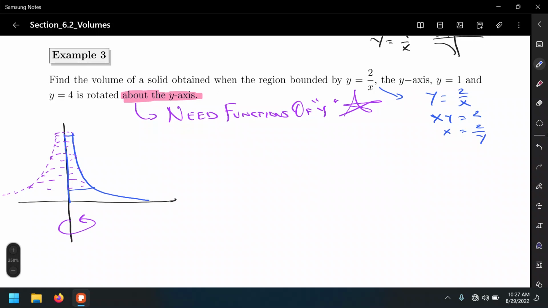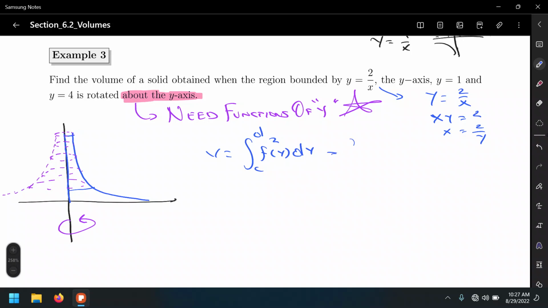And I think from here we're ready to set up the integral. But careful, because our volume is defined in terms of y. Let's call this f of y, dy, squared. And instead of integrating from a to b, we're going to integrate from c to d, in the same way that we set it up for the area between two curves. Functions of x, a to b; functions of y, c to d.